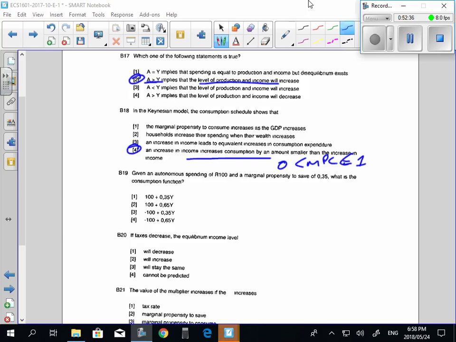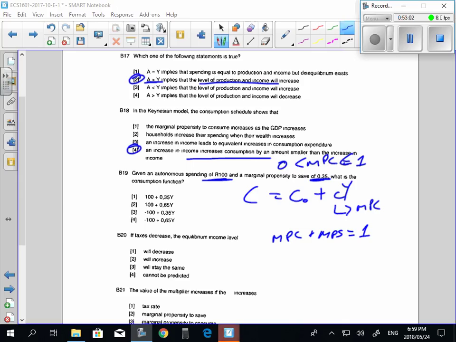Given an autonomous consumption of 100 Rand and the marginal propensity to save of 0.35, what is your consumption function? Remember, your consumption function, total consumption, is equal to C0, which is autonomous consumption, plus small c times Y, and small c is your MPC. How do we calculate that? MPC plus MPS is equal to 1.